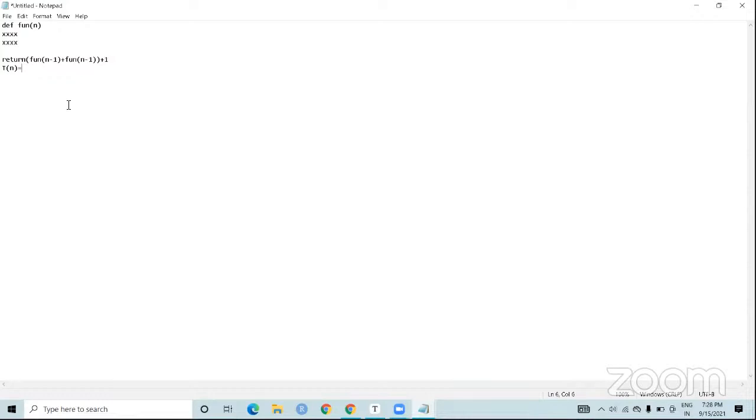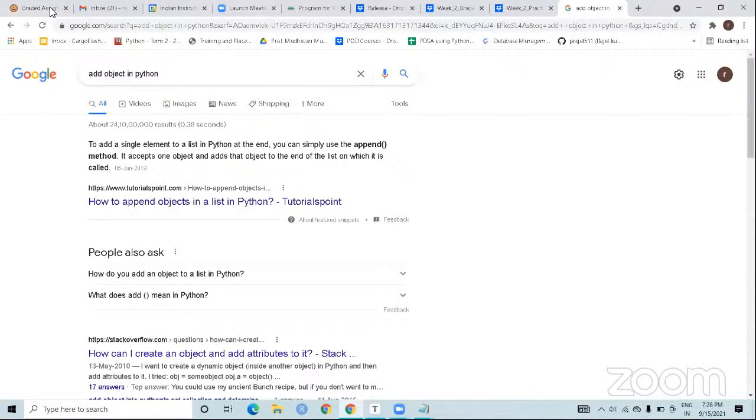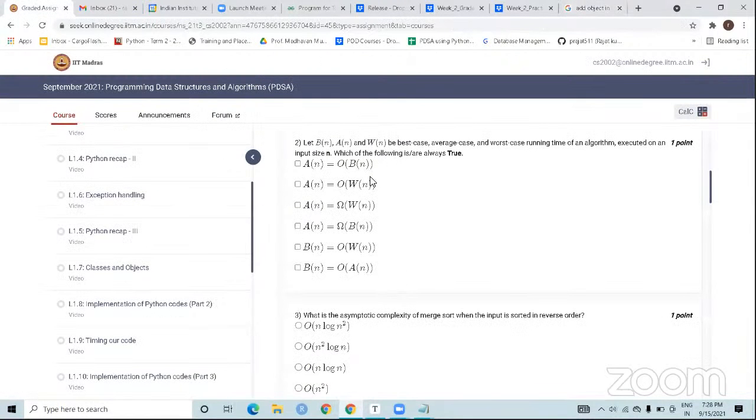Sorry, I didn't understand your question. In the same question, sir, we are solving the first exercise, so its Big O notation is n factorial. Oh, okay. No, not n factorial, 2 to the power n. How to calculate that Big O notation? The first question.